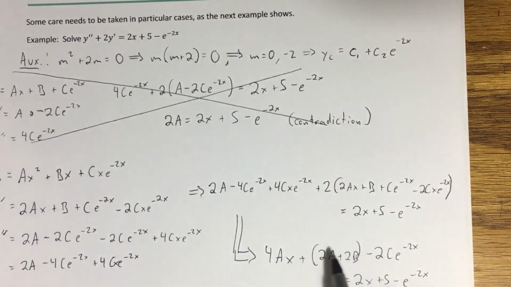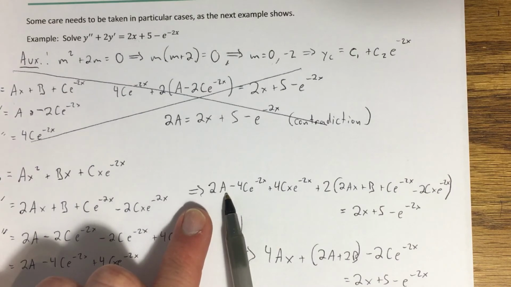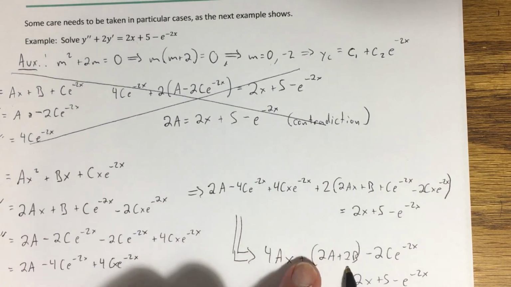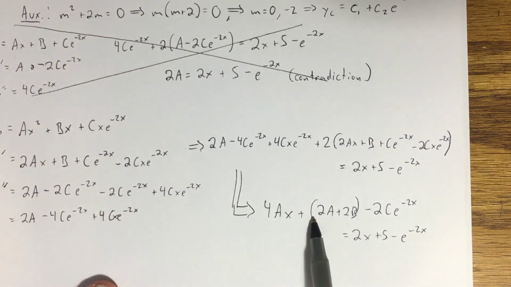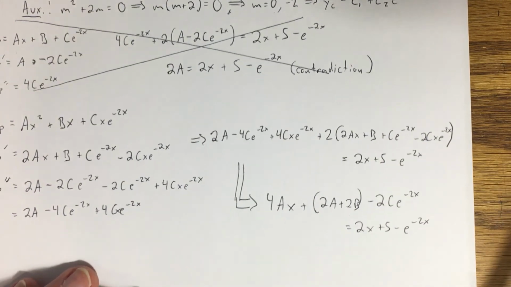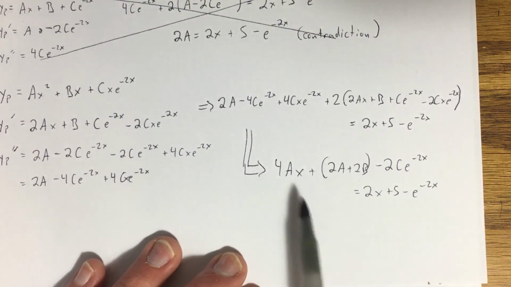Okay, so what I'm doing here with these parentheses, notice I have a 2a here, and I'm going to get a 2b when I distribute that 2 in right there. But I'm grouping them up because I want to associate that with the constant term. And I'm going to be comparing that entire thing there with the 5 here when I'm trying to solve for these unknown coefficients. So let's now do our comparison, because this takes the same form as this.